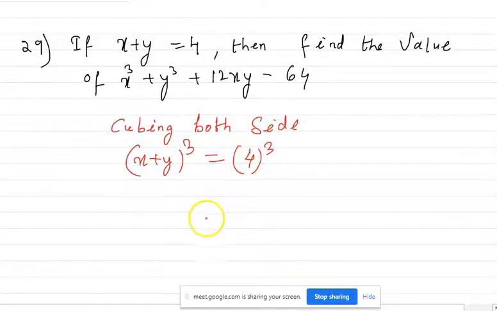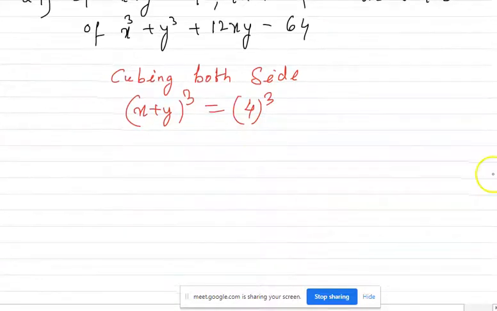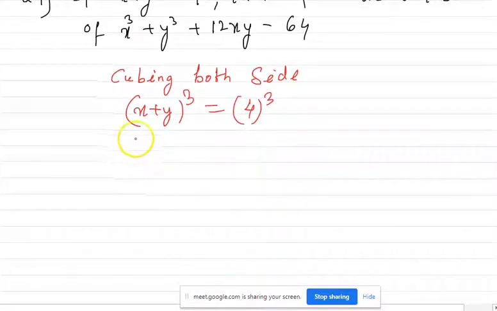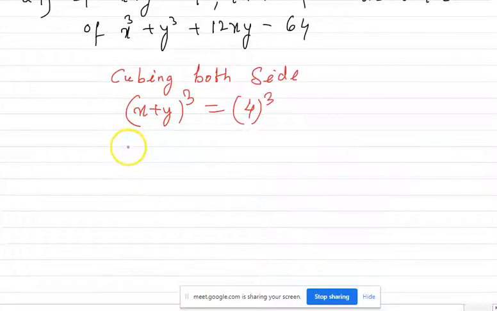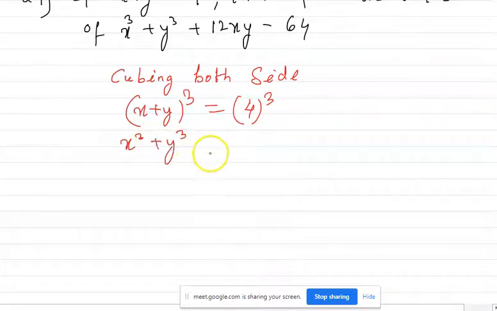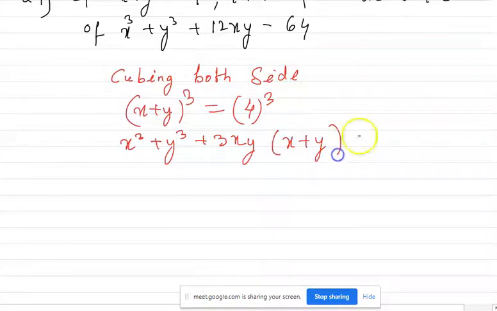Now we will apply the formula. So what is the formula of x plus y whole cube? Tell me. The formula is x cube plus y cube plus 3xy into x plus y is equal to 64, alright.